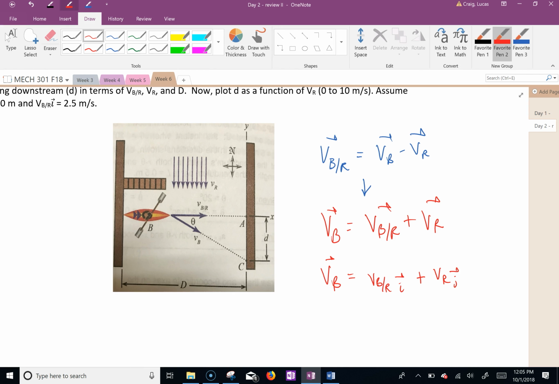So the velocity of the boat is the velocity of the boat with respect to the river plus the velocity of the river in the i and j components. You see what I did there?